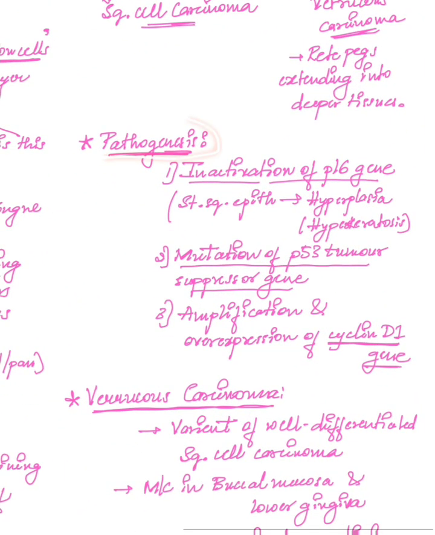Coming to the pathogenesis of squamous cell carcinoma, first is inactivation of the p63 gene, that is the conversion of stratified squamous epithelium to hyperplasia or hyperkeratosis. Next, after inactivation of the p16 gene, is the mutation of the p53 tumor suppressor gene. Later, there is amplification and overexpression of the cyclin D1 gene.